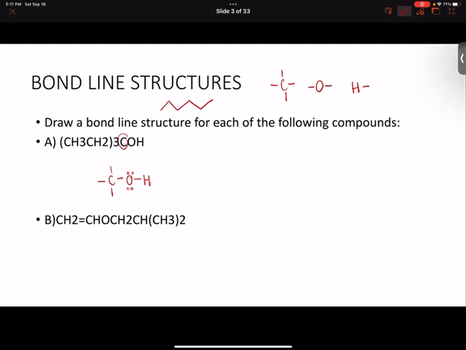And then we have our CH3, CH2, CH3. If you ever encounter that, since it's in a group, it means that you have CH2, CH3, CH2. It's the same thing, just multiplied by 3.